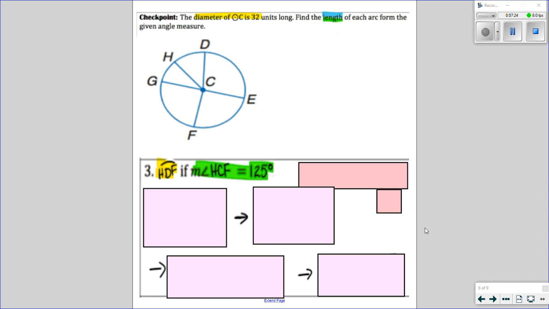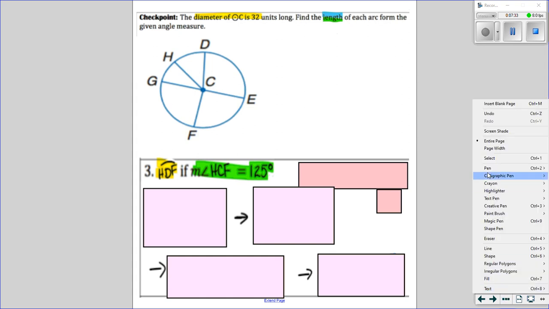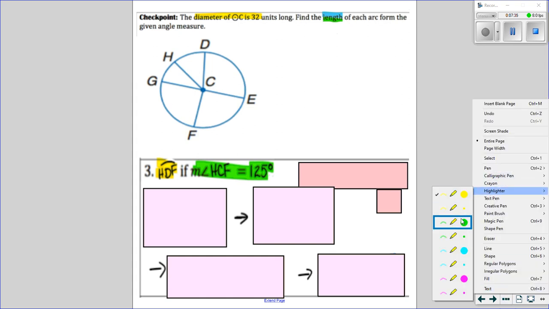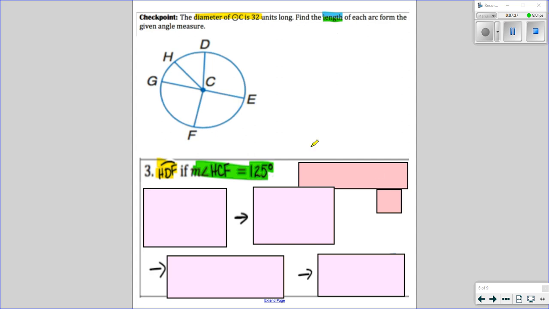All right, so they have arc HDF. So what I'm going to do is highlight that so that we know what we're using. Arc H, so I'm following the path, H, D, F. So I have to go around there.